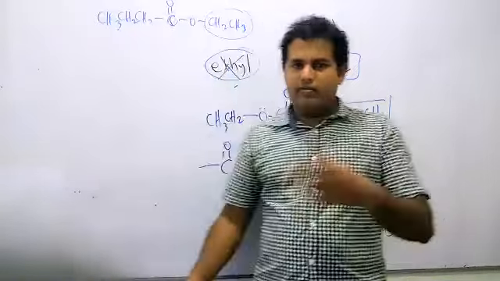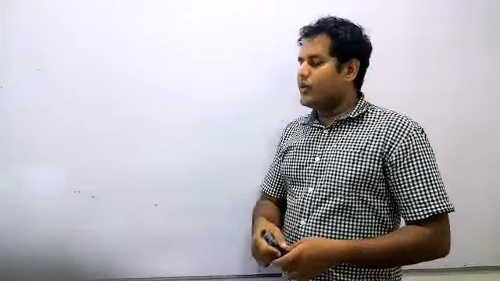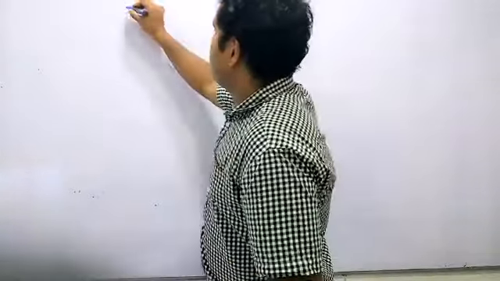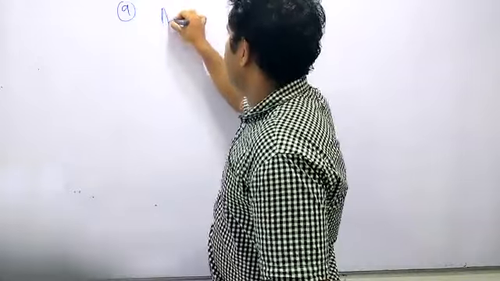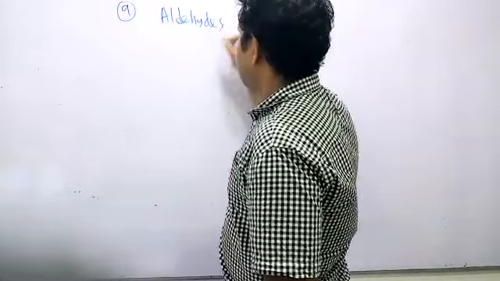Okay, so shall we move to the next structure? We discussed esters, and now we are going to get the next names: carboxylic acids, acid halides, amides, esters, 5, 6, 7, 8, and then the ninth one should be aldehydes. The 10th one is ketones.